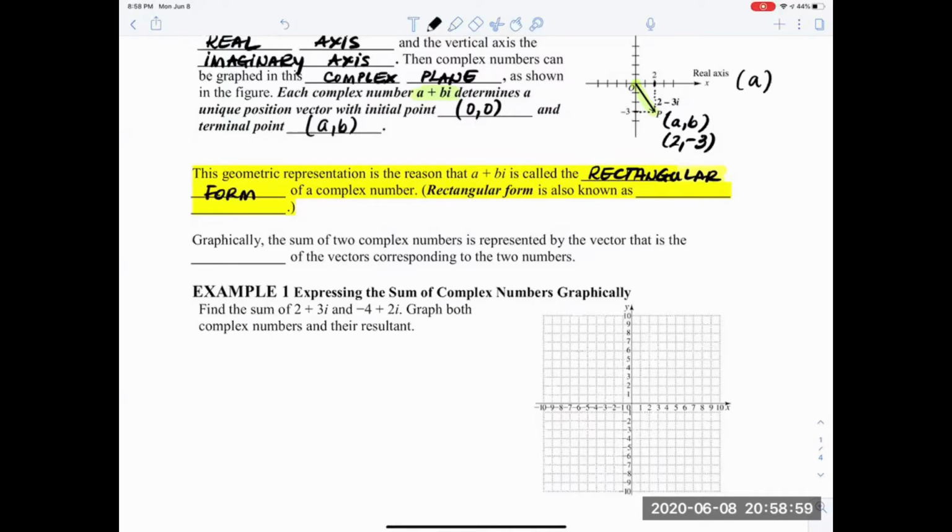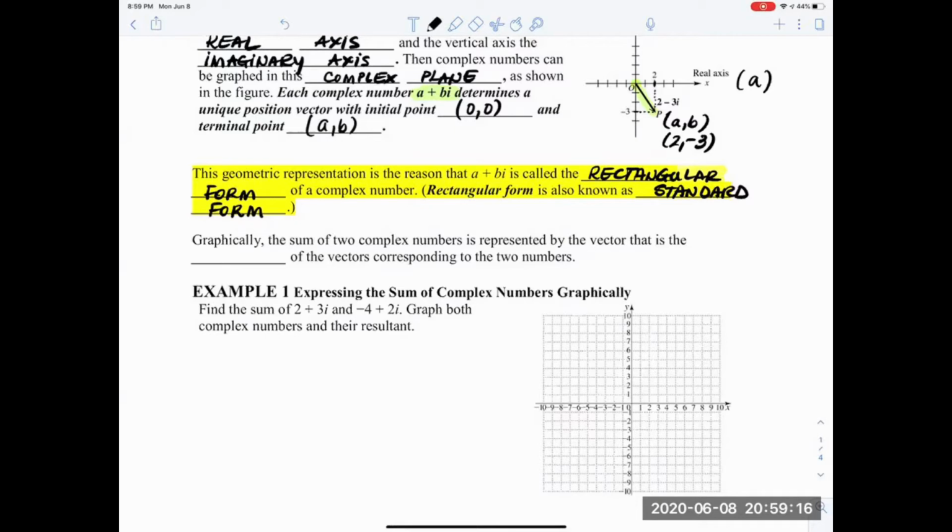And this rectangular form, many people call just the standard form. So every time I'm referring to rectangular or standard, they mean the same thing.